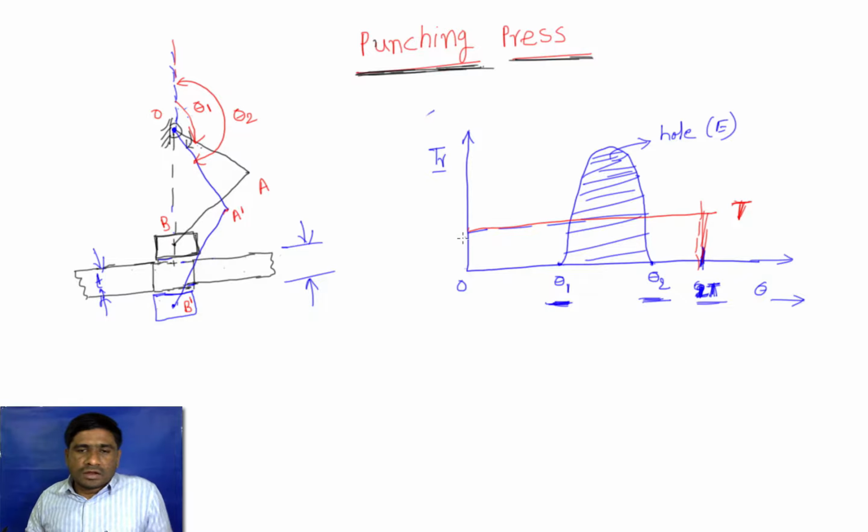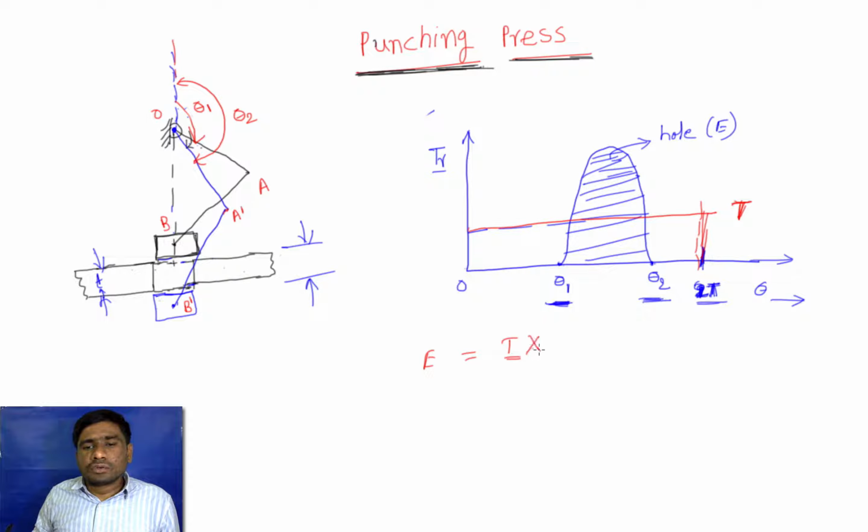So from this diagram, for one complete revolution, the energy equals T into 2 pi, and if you observe, the motor is continuously providing the torque at a constant rate.